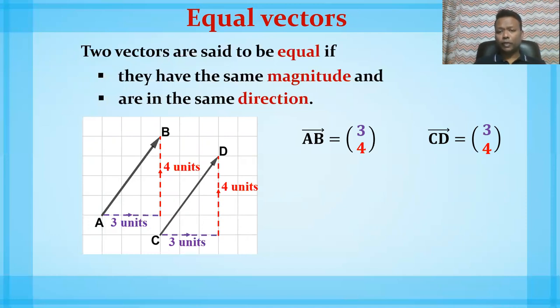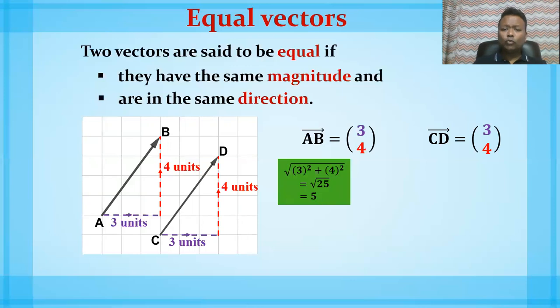Students, observe the vectors AB and CD are represented by the same column vector. So it's obvious that the magnitude of the vector AB is equal to the magnitude of the vector CD, which is the square root of 3² + 4², that is the square root of 25, leading to 5 units.